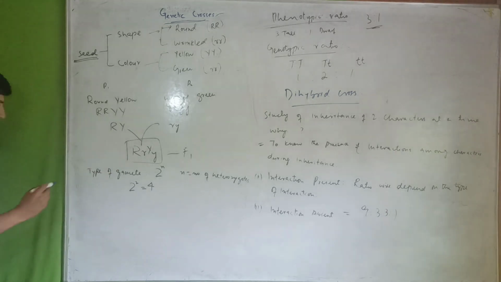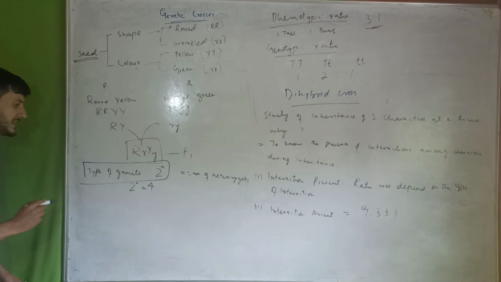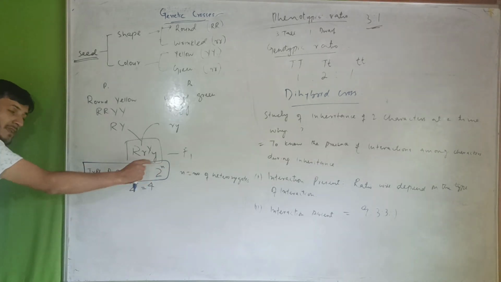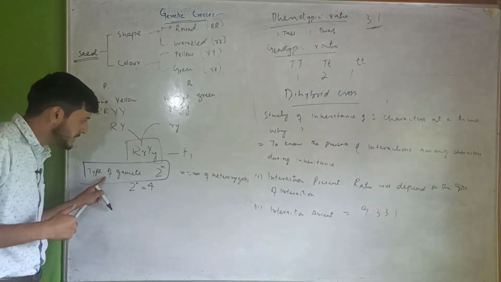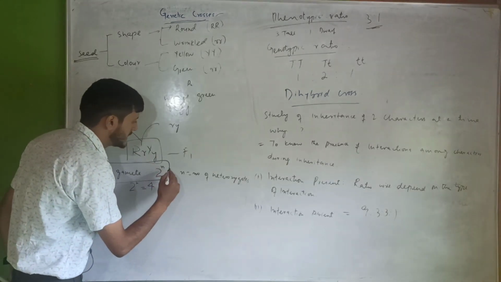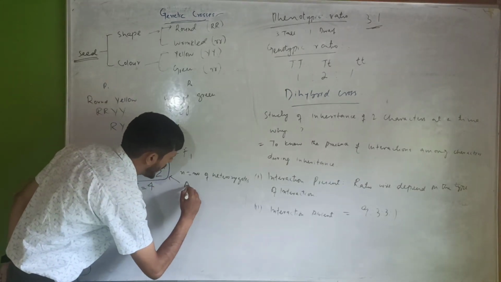Remember one point: we use the 2 raised to power n formula to determine the types of gametes, and this formula is applicable only on selfing.